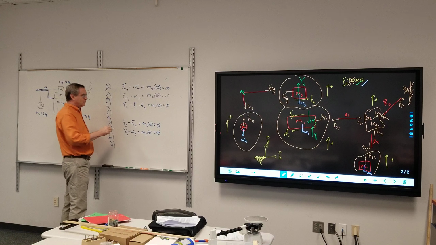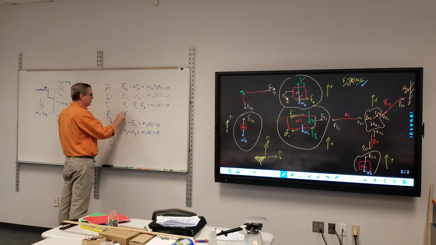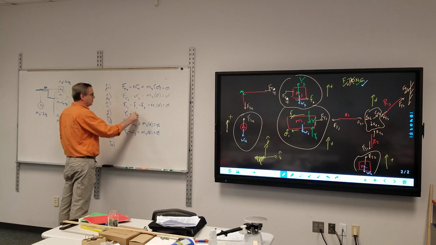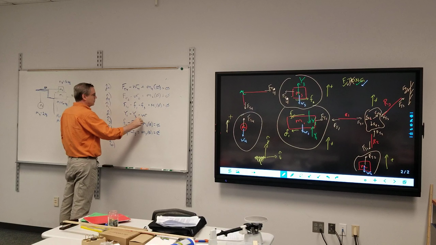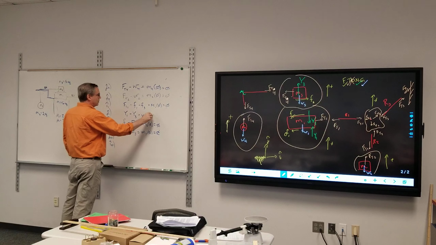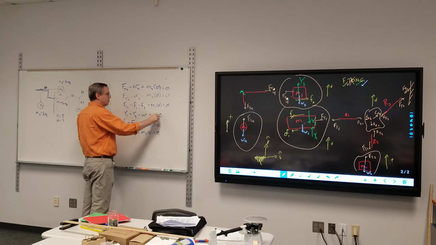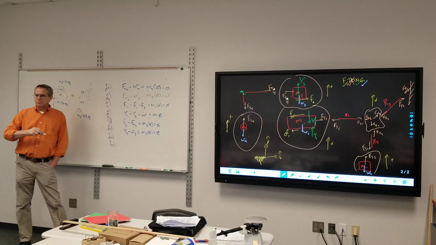I got normal force 1 minus the normal force on the 3, minus weight equals M times 0. Which way?